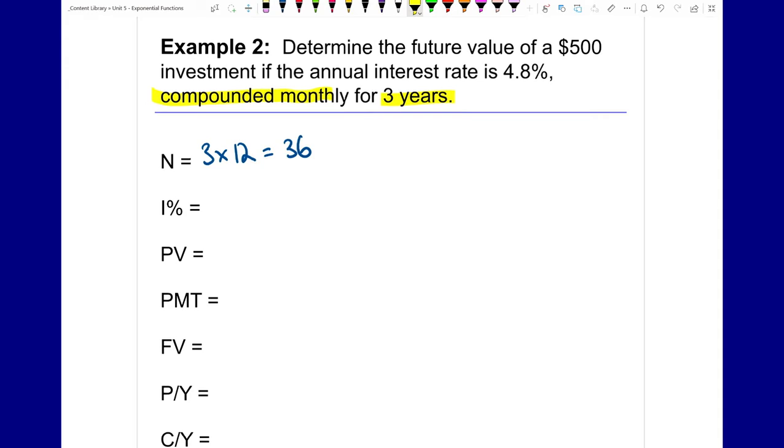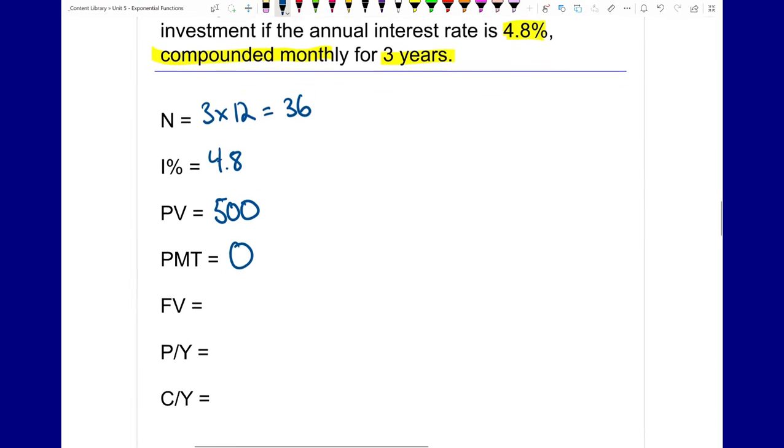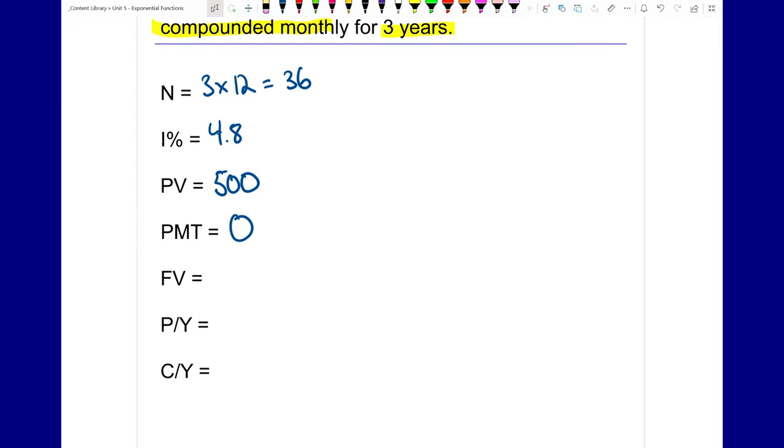Our I% is our interest rate as a percent. We don't need to change it, so we can just write 4.8. Our present value is what we're putting in, what we're starting with. In this case, it's 500. Our PMT, because we're not making any regular payments, we're going to leave it as 0. FV is what we're looking for, so we're going to leave it blank.